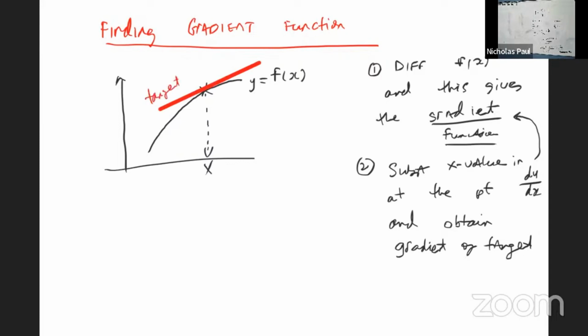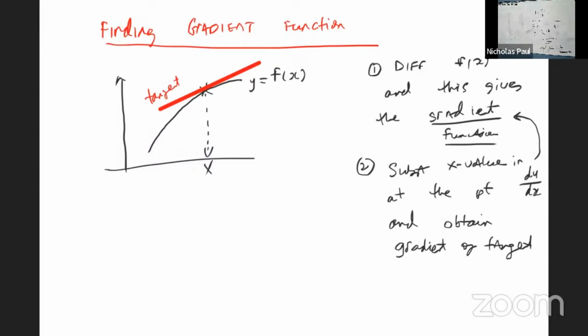So whenever you differentiate and plug in the x value, what you're really finding is the gradient of the tangent.